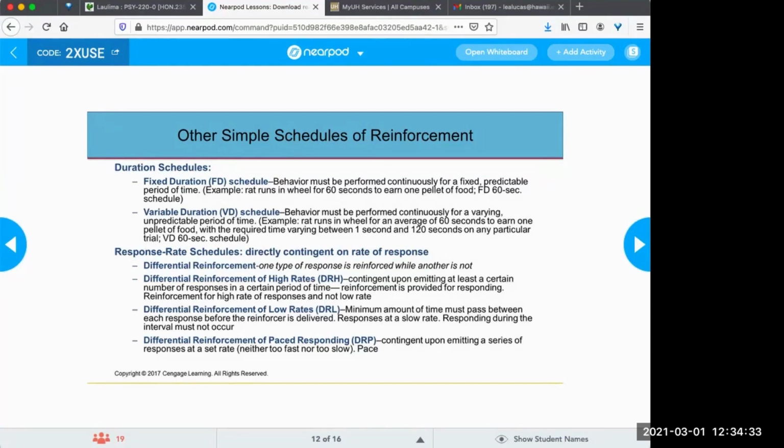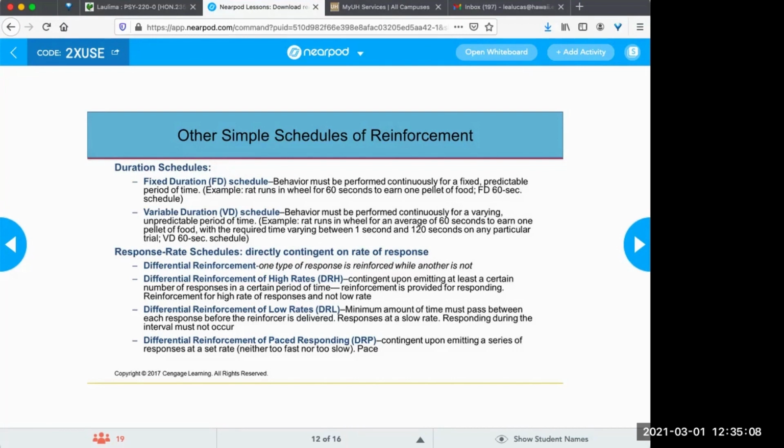So think of it as I have a certain amount of time where I have to respond, and it has to be slow and steady. I can't be rapid. It must fit in the designated amount of time that the researcher has set. If I do anything outside of that, or if I respond really rapidly, I won't get my reward.